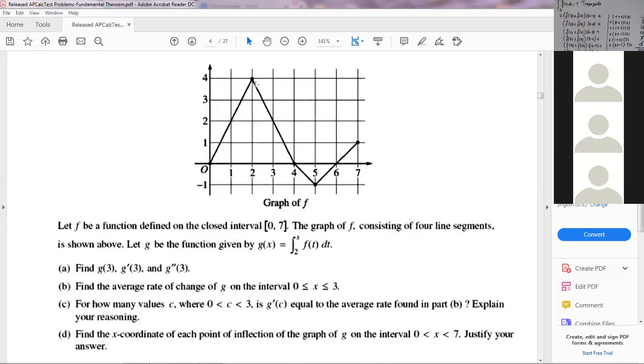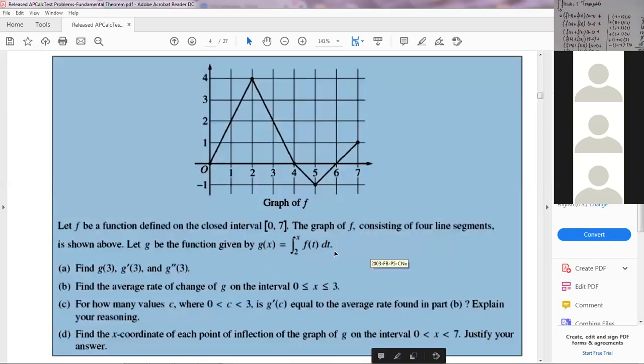Technically you can have this equation analytically, so you find these lines and define them on the proper intervals, but that's not going to be the point. We're going to use the graph directly. It's easier. And again, you define a new function here. This function is g of x, the integral from 2 to x of f(t) dt. That's a new function.